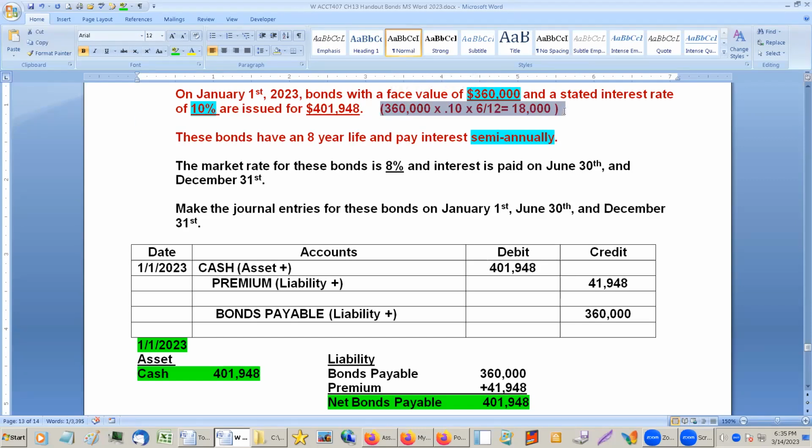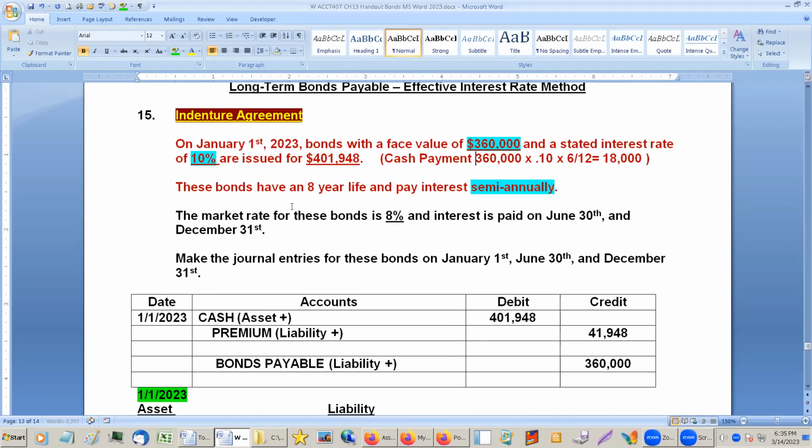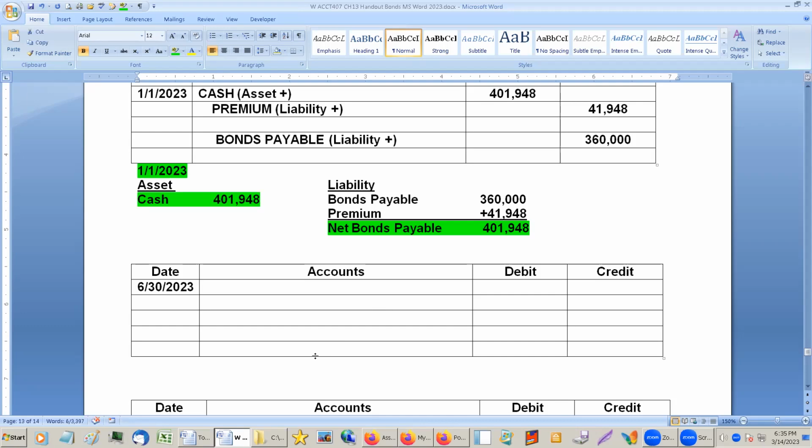Okay, so this is going to be our cash payment. And again, this comes out of the indenture agreement. They're going to be expecting this money, because that's what we told them we're going to pay, what we wrote in the contract, basically.